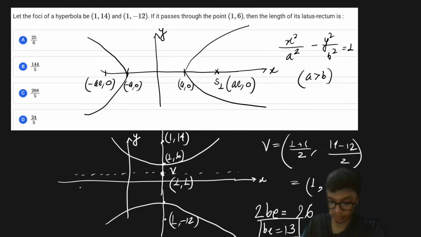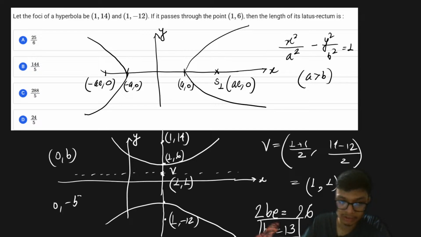Now I also know one very important piece of information, that this particular hyperbola is intersecting the major axis at 1 comma 6. For the case when the major axis is the y axis, the hyperbola intersects the major axis at the points 0 comma b and 0 comma minus b, right?